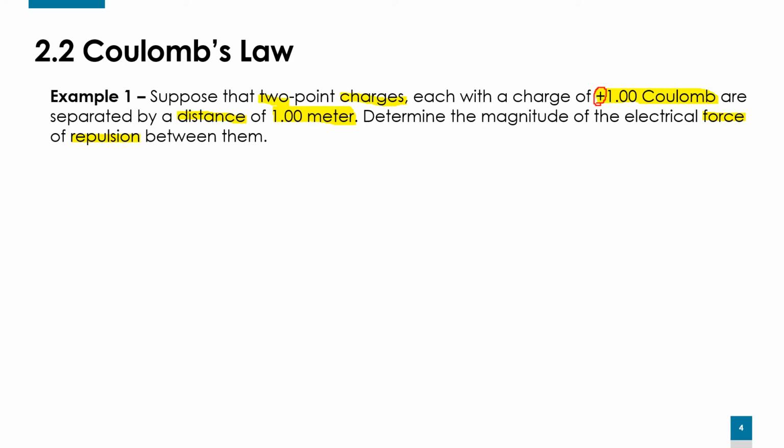If both of them has positive charge, it means they are gonna repel each other. So of course, my force is gonna be repulsion. And according to the convention that I told you before, if it's repulsion, my force is gonna have a positive sign.